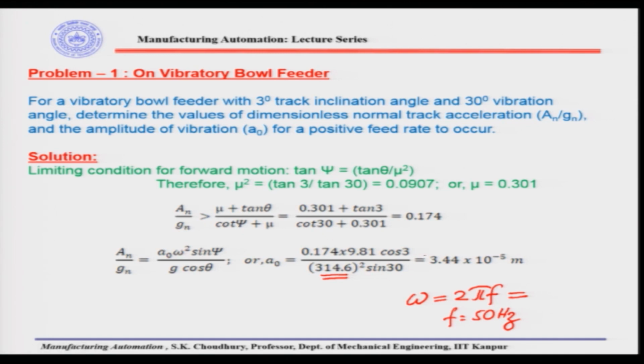Overall, we find that the amplitude of vibration will be 3.44 into 10 to the power minus 5 meters. Here we can actually see the direct implementation of the theory that we have studied before. I hope this is clear.